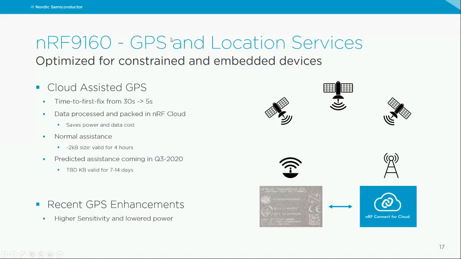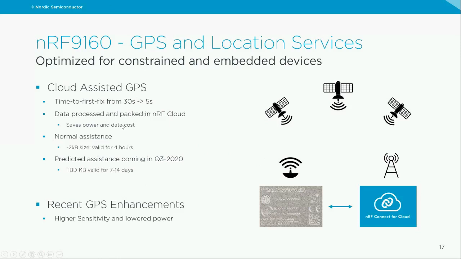So we have recently developed what we refer to as cloud-assisted GPS, where you can download assistance data for GPS through our nRF Connect for Cloud. This typically improves time to first fix from around 30 seconds with cold start to below 5 seconds.